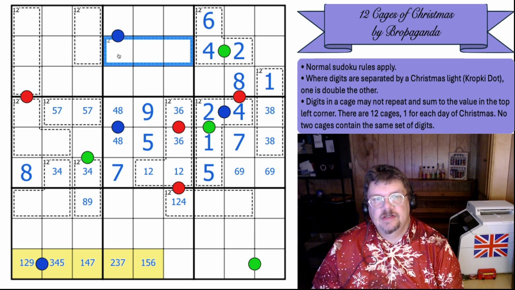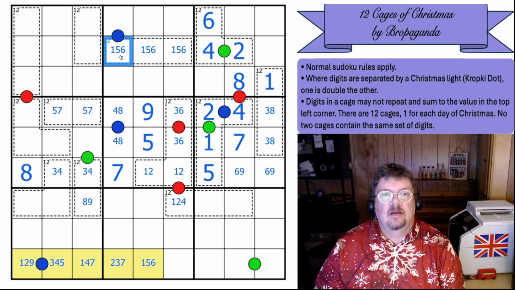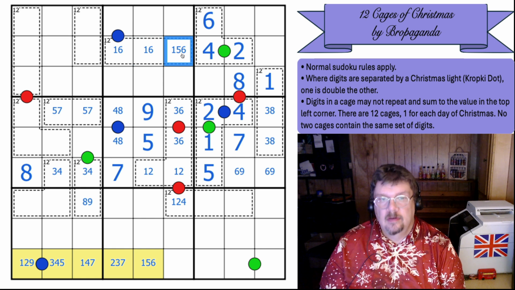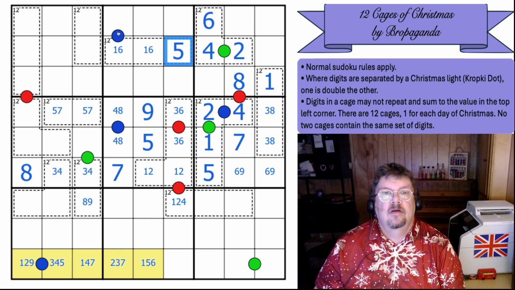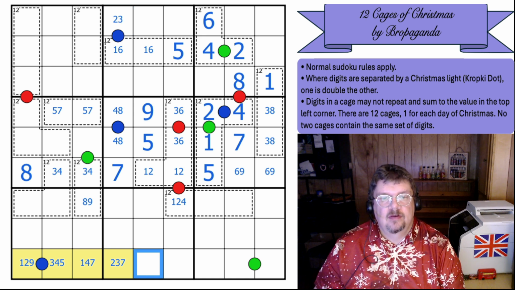This needs an even digit in it, which cannot be 4 or 2. So it is either 6 or 8, but it cannot be 8 because we don't have that available. The only option left is 1, 5, 6. So that's 1, 5, 6. That cannot be a 5 on the dot. That can't be a 5 by sudoku. So that's a 5. That makes this either 2 if that's 1 or 3 if it's opposite of 6. And we've used our 1, 5, 6 option.